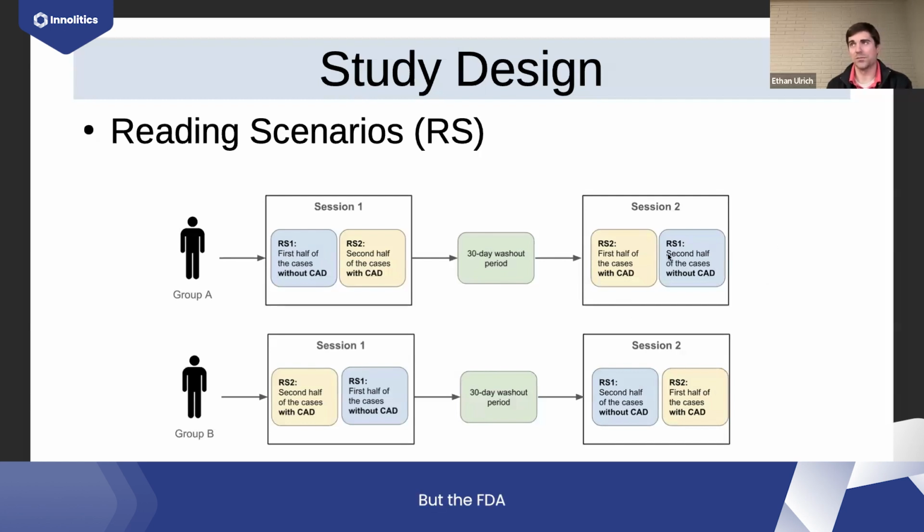But the FDA has been pushing back recently to have scenarios where on the day that you read the cases, half of them will be with the CAD device and half of them will be without. Doing it that way also mitigates certain effects of the order of whether you're looking at it with the device or not.